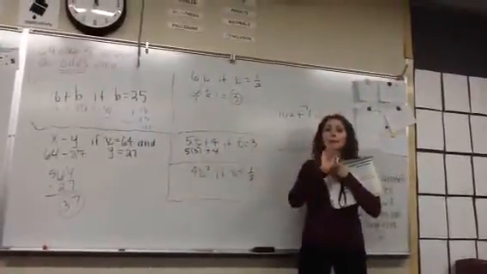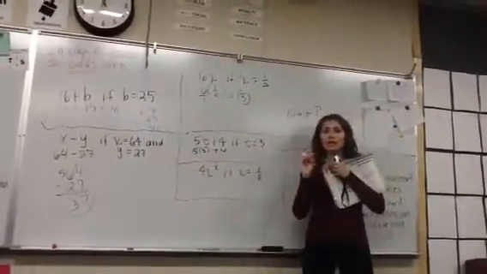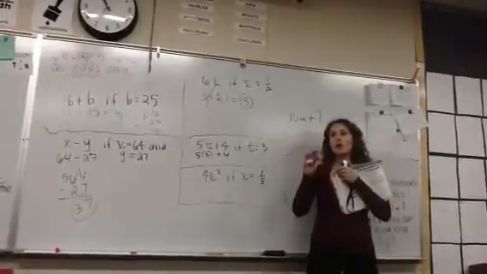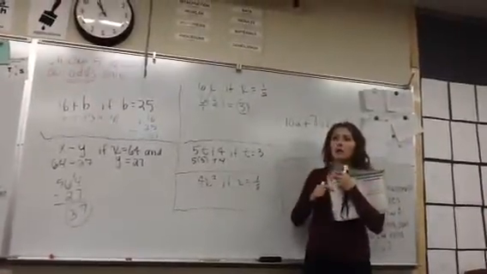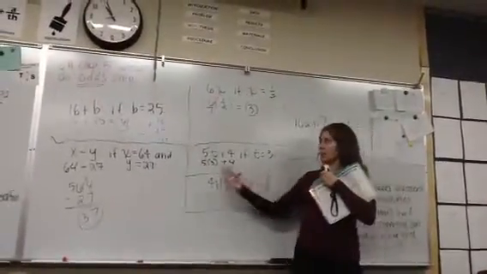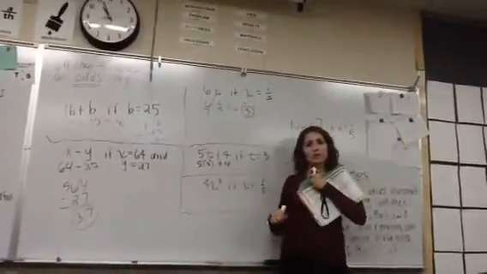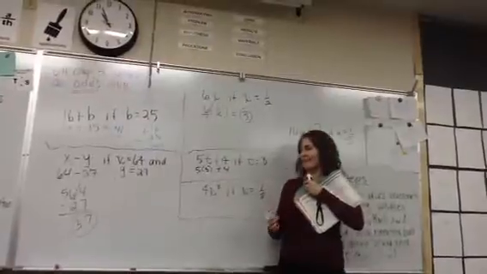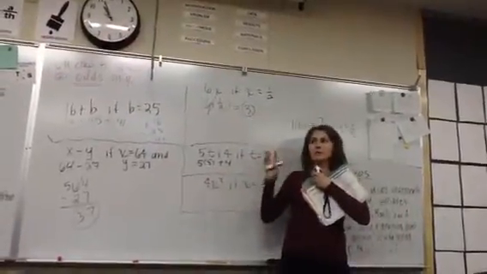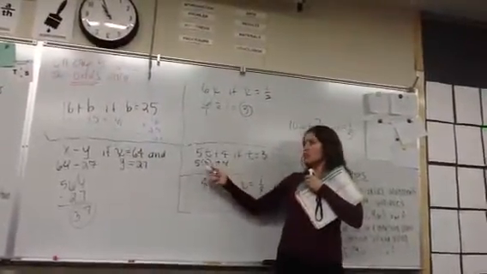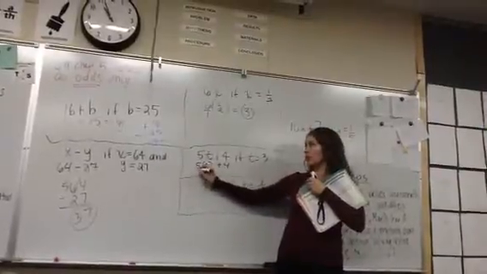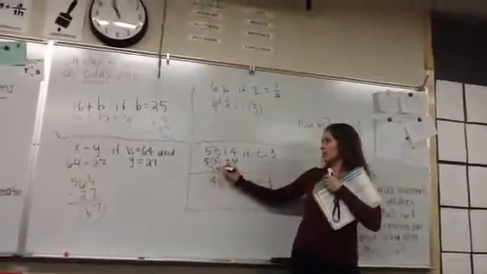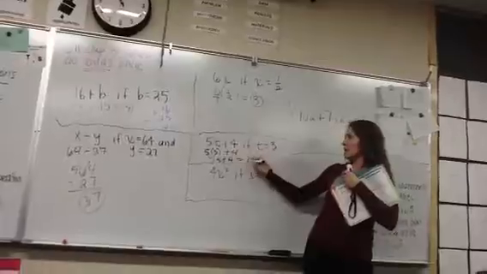Always when I see more than one operation, I use please excuse my dear Aunt Sally. Multiplication is one operation, addition is another. Order of operations: are there parentheses? No. Obviously, you're going to multiply, because multiplication is more important than addition. So I get 15 plus 4 equals 19.